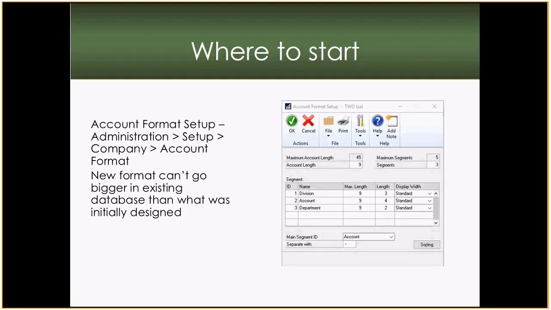So you can't enlarge your chart of accounts anymore if you're already at your maximum account length and account segment. In that case, what you would want to do is potentially do a new instance of GP and do that base setup at a larger breakdown and move your databases over. So there are ways around that if your maximum is set too small at this point and doesn't have any room for expansion.